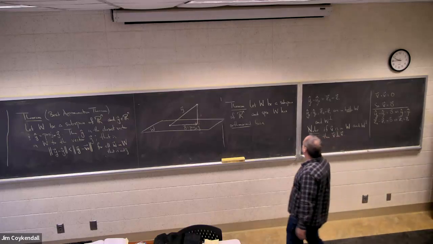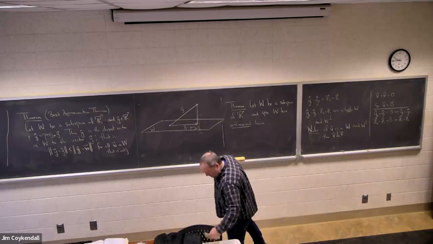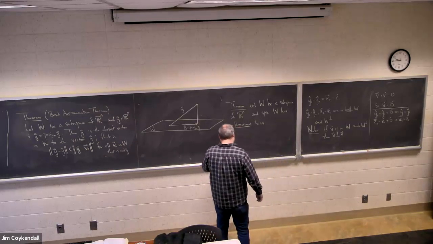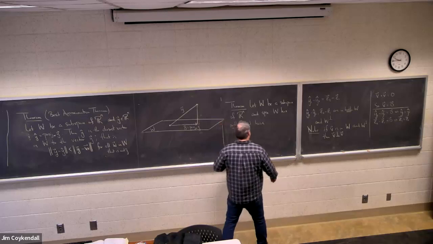So suppose that this has an orthonormal basis, and I'm going to call it U1 up to UK.